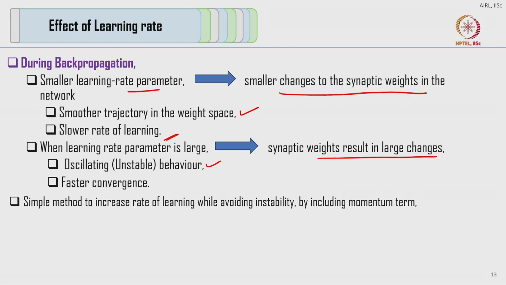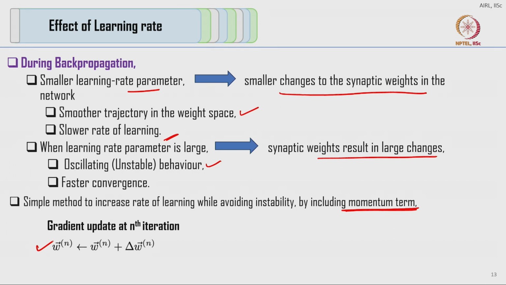And a simple method to tune the learning rate throughout training the whole model, or using any learning algorithm, is using the momentum term. So let's assume that the gradient update after the nth iteration is given by this equation. So W at the nth iteration is Wn plus delta Wn.